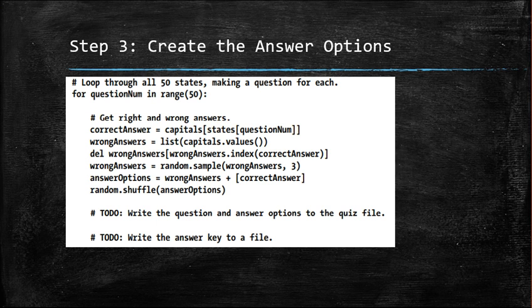So the correct answer anyways, here you can see we have used the loop. In the first case you are going to have the correct answer. So for every state you are going through the loop for all the 50 questions. So it will loop through the states in the shuffled states, that is from 0 to 49 it will go.